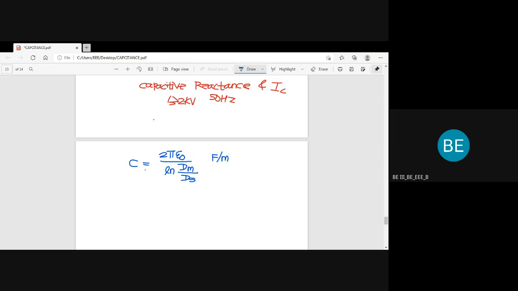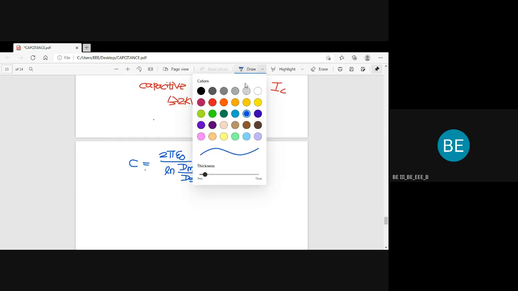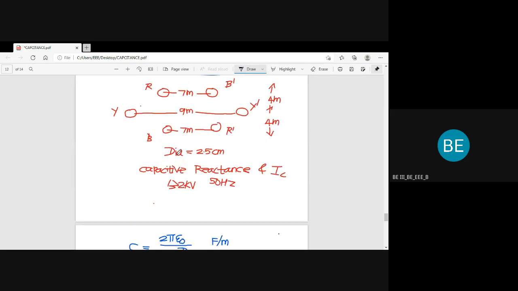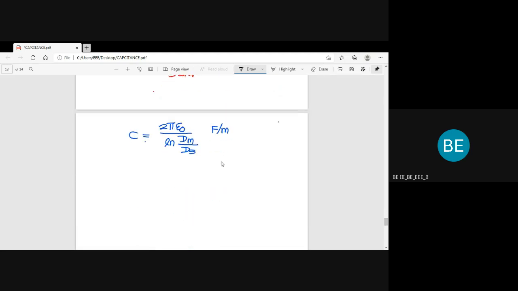Okay, first we will start with the radius of the conductor. What is the radius of the conductor? They have given diameter equal to 2.5 centimeter. So the radius r will be 2.5 divided by 2, which is 1.25 centimeter.